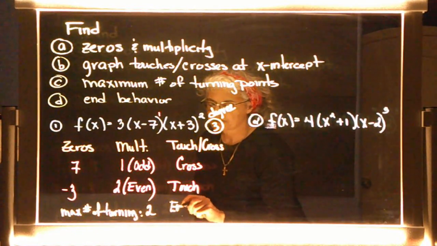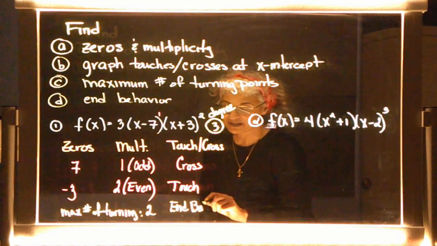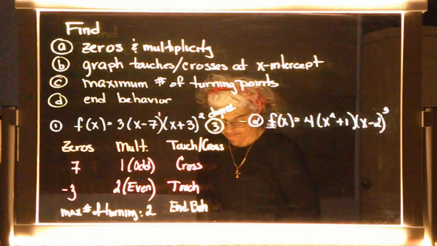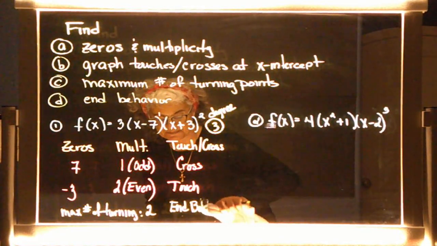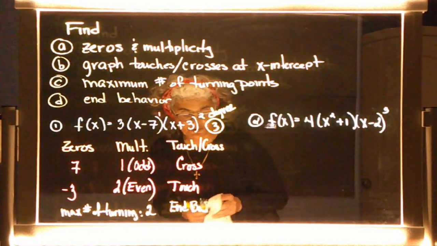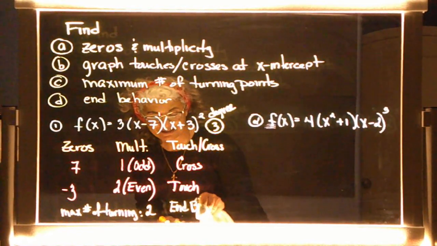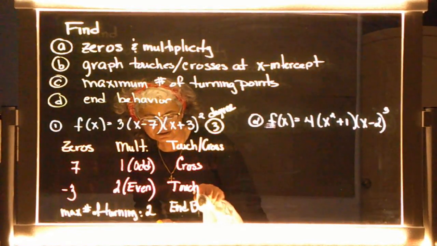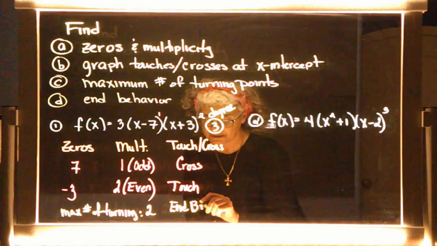So, remember what we said before about the end behavior, and I even showed you some examples. Might help if I spell it correctly, right? Okay, so the end behavior has to do with you looking at the entire polynomial? No, not the entire polynomial.